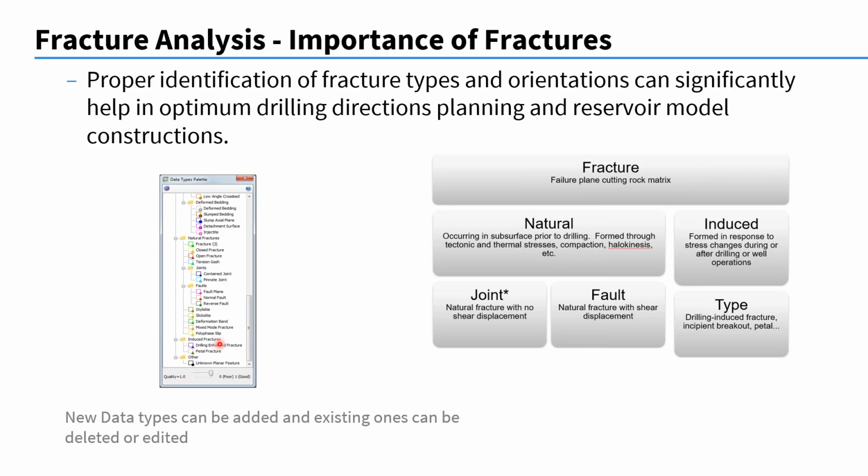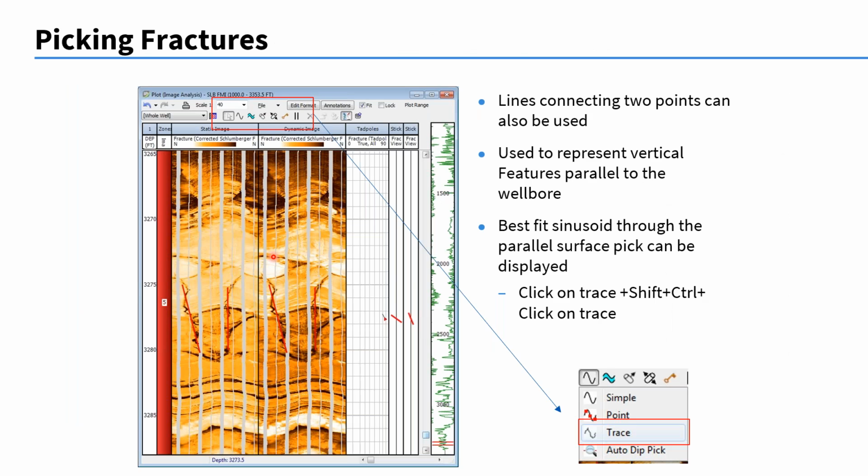And if there's a case that we don't have the data type, for example, if we don't have a natural fracture data type, you could edit the customized table and add that natural fracture to it. So when you're picking the natural fracture, you have a data type for that one. Picking these fractures is pretty simple.